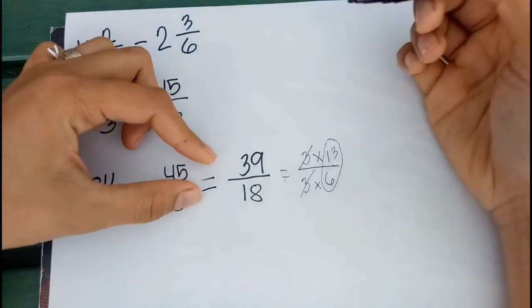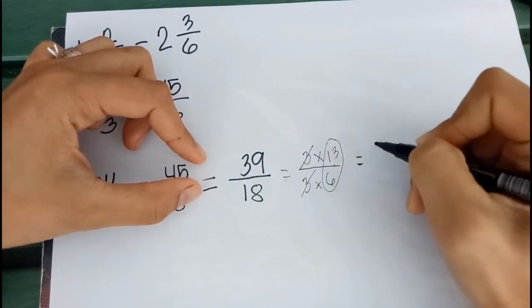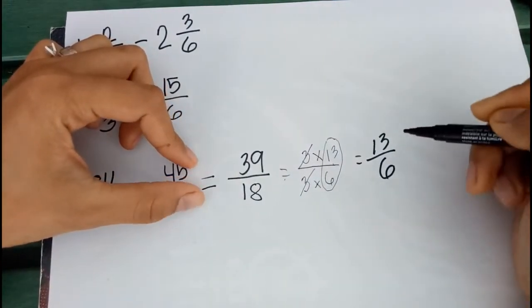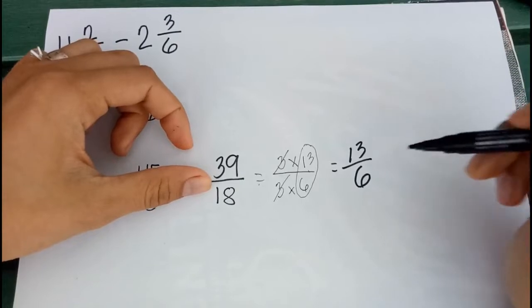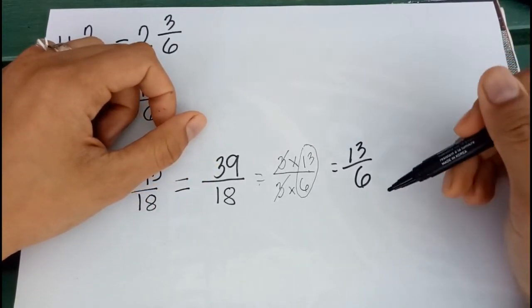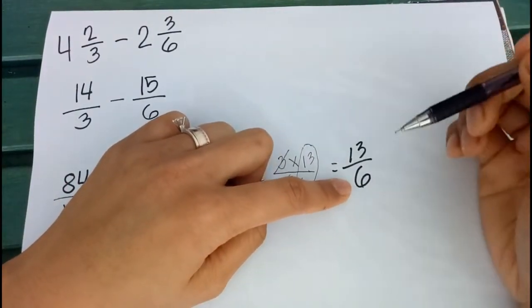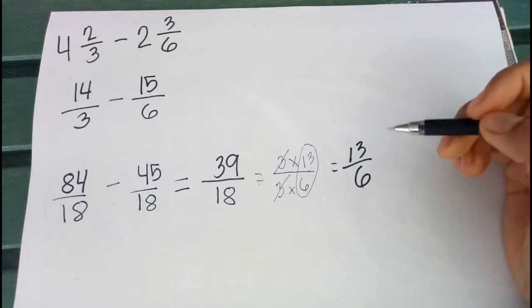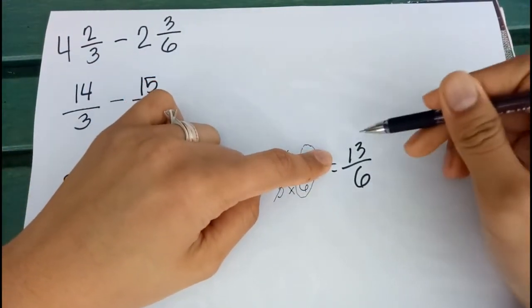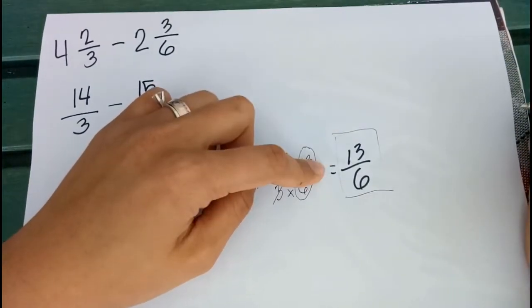Therefore, the simplified form of 39 over 18 is 13 over 6. You think, is there any number that we can divide 13 and 6? 6 can be divided by 3, or is a multiple of 3, but 13 is not. So therefore, this is our final and simplified answer.